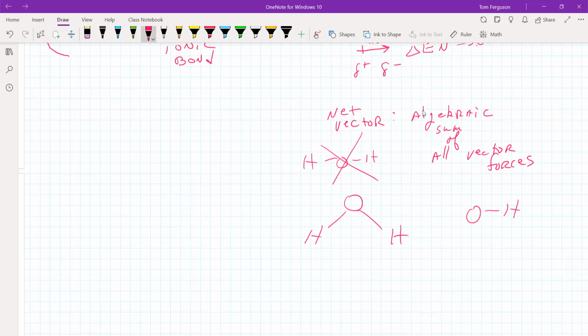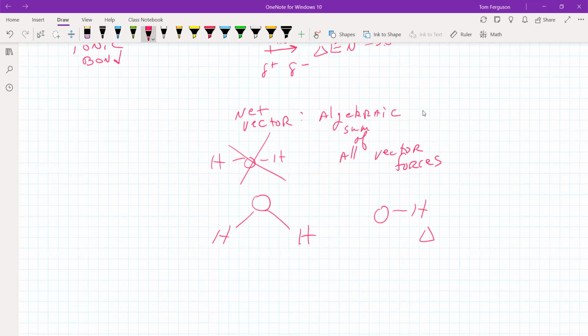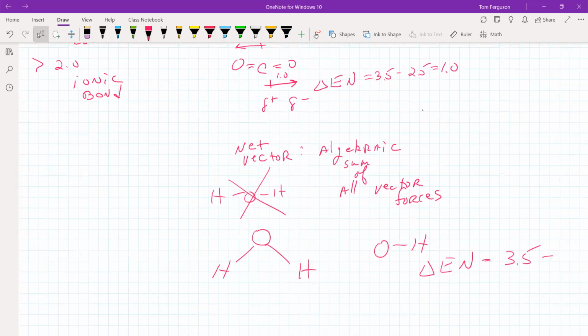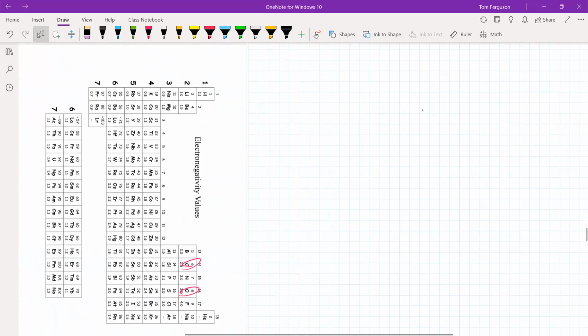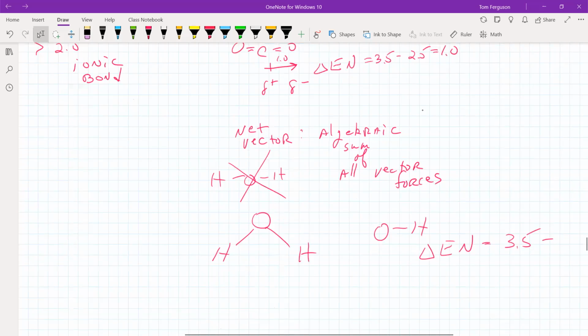Okay, so we've got an OH bond. Let's find the delta EN on that. Oxygen is 3.5, we just looked it up. And hydrogen, I think is 1.1, let me see here, 2.1. So we have a 1.4.